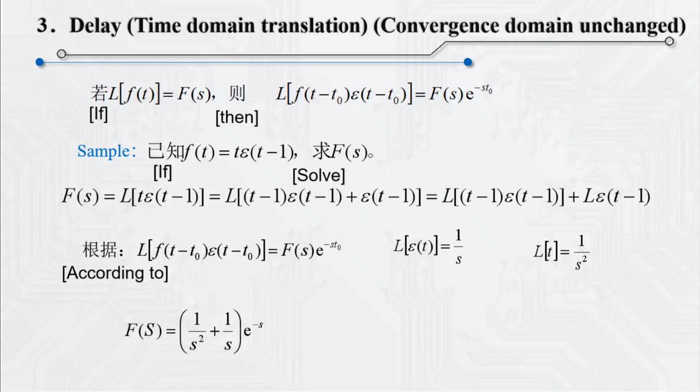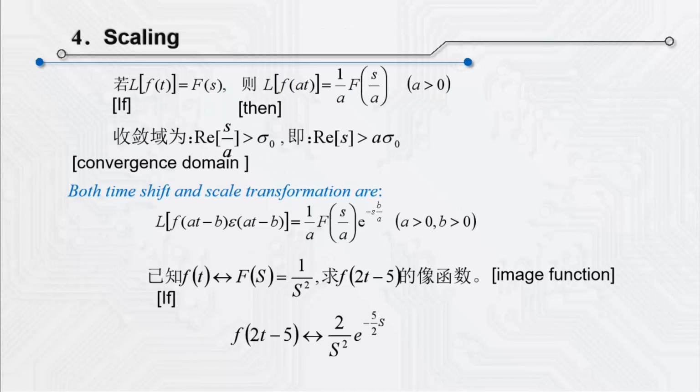The Laplace transformation of t is 1 over s squared, so you can get (t minus 1) epsilon(t minus 1) transforms to e to the negative s times 1 over s squared. The Laplace transformation of epsilon(t minus 1) is e to the negative s times 1 over s. So F(s) is 1 over s squared plus 1 over s, in brackets, multiplied by e to the negative s. Let's take a look at the scale shift.